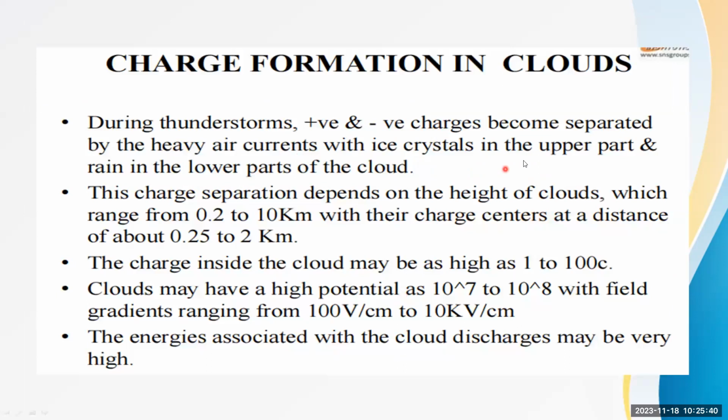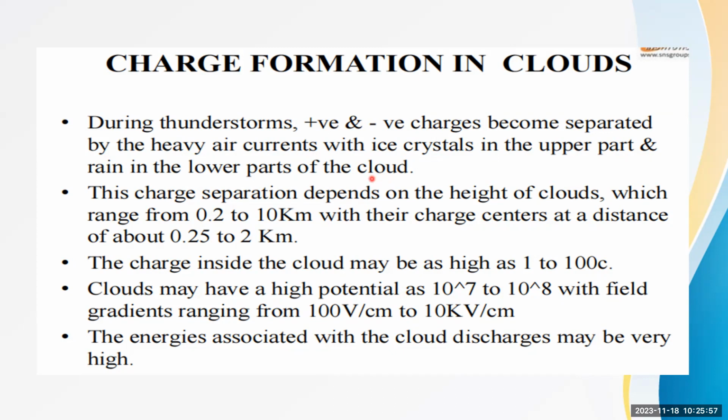So ice crystals are in the upper part of the cloud and rain in the lower part of the cloud. Positive charges are in the upper part of the cloud and rain in the lower part, and the temperature is lower in the upper part of the cloud. That's why ice crystals are present.